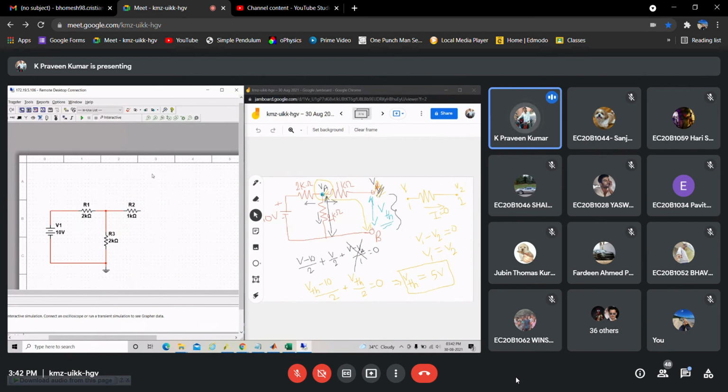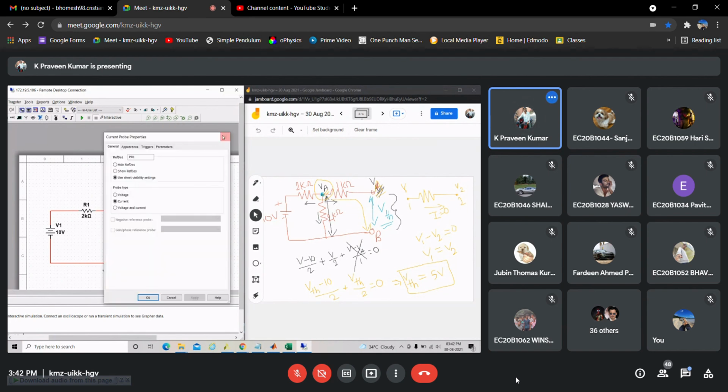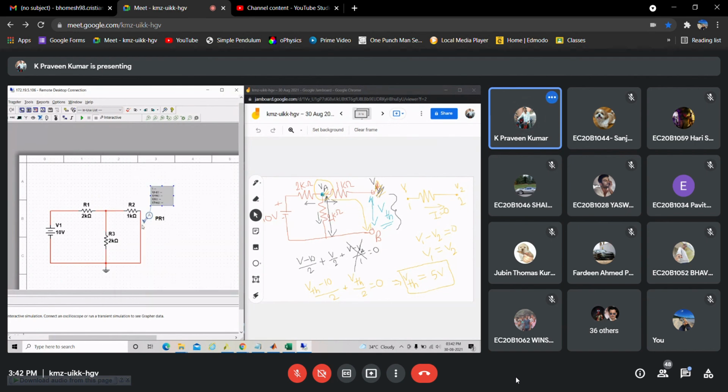And how to calculate the short circuit current? We have already seen: just replace with a short here, then take this current probe and find out what the short circuit current is.